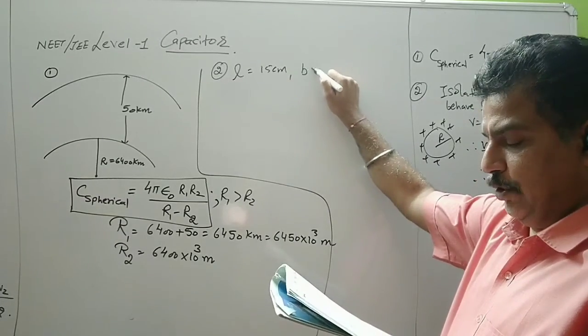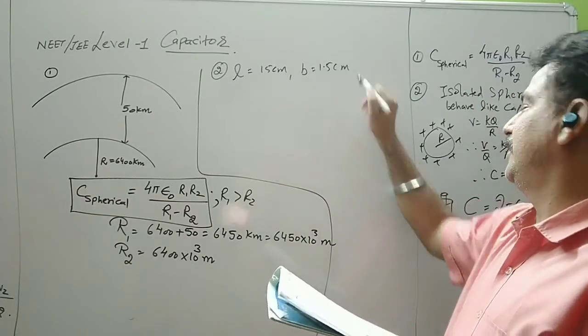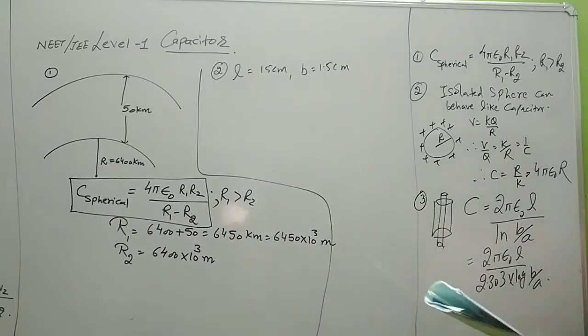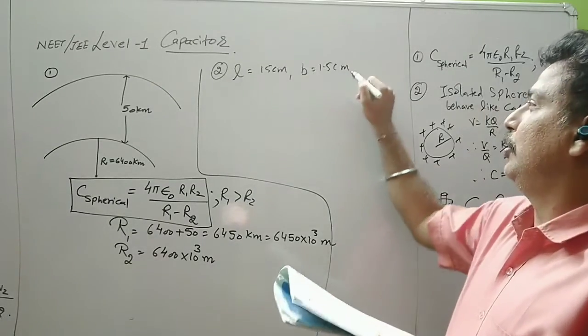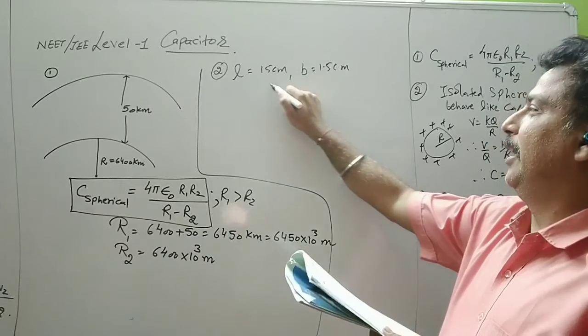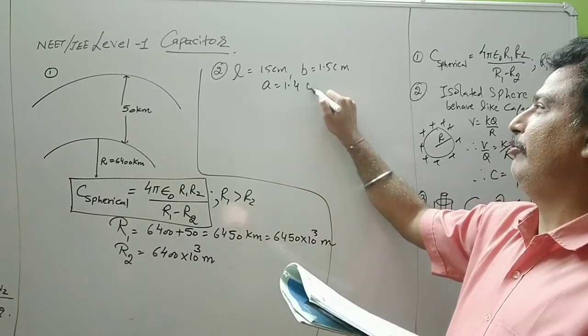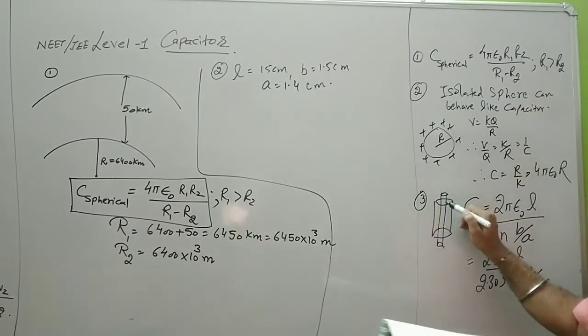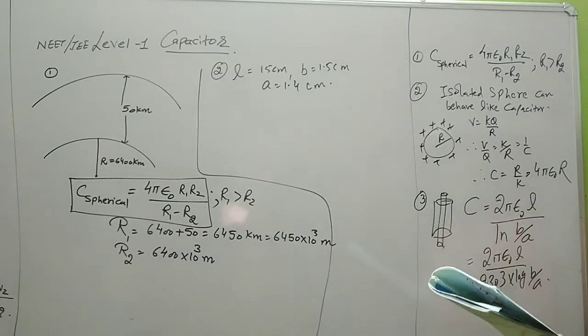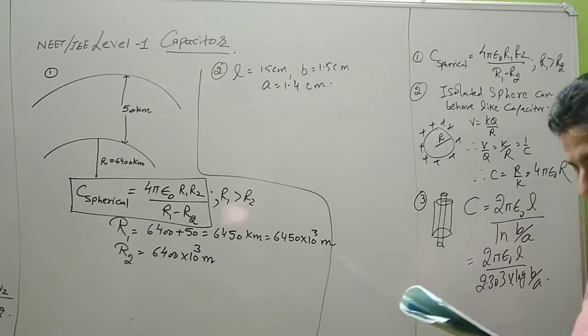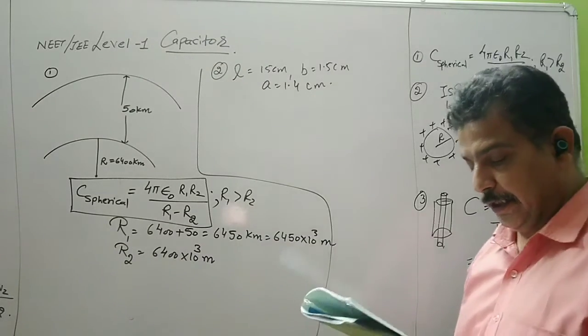You remember it as outer radius divided by inner radius. So b is 1.5 and a is equal to 1.4 centimeter. The outer cylinder is earthed.